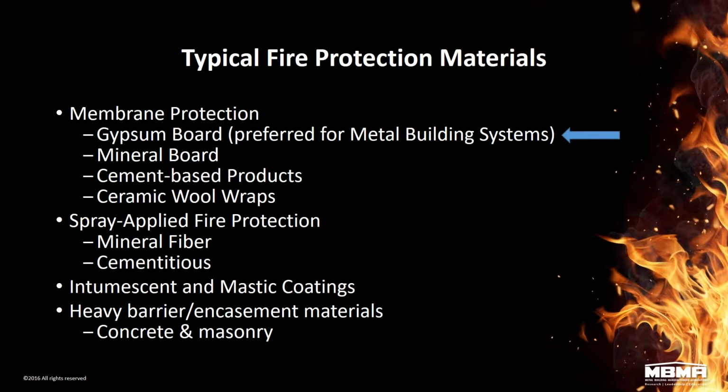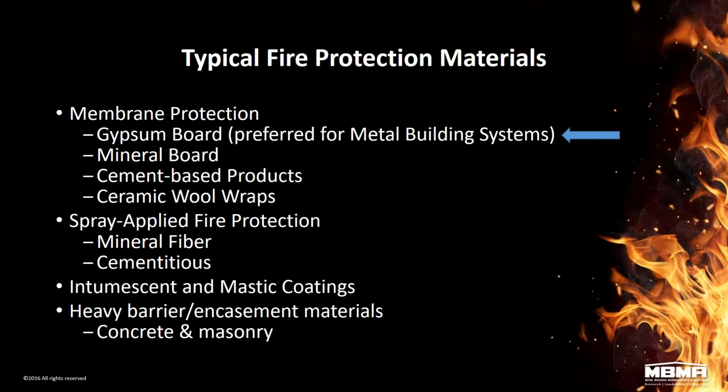Usually for metal buildings, single story, they may be an overkill. They're quite expensive, and maybe for special situations there may be a need and a fit for it, but usually other types of fire protection materials will be preferred.